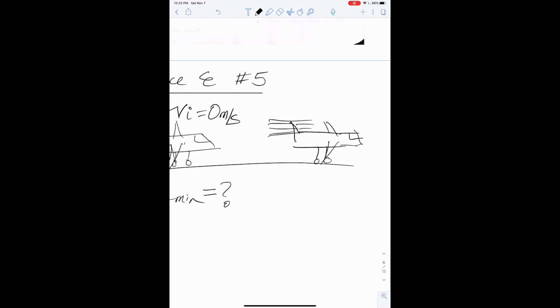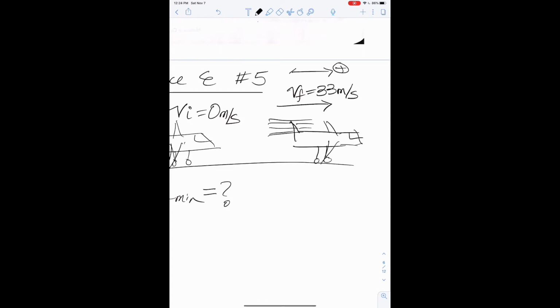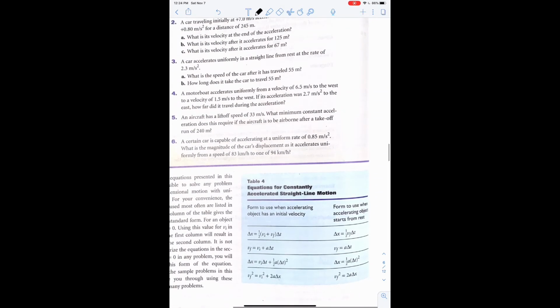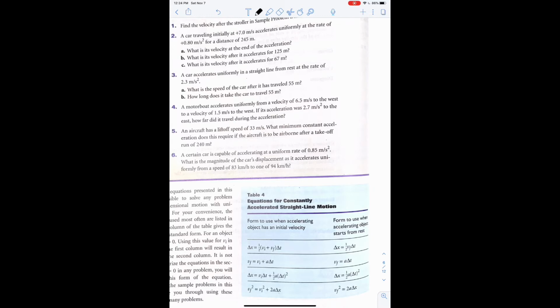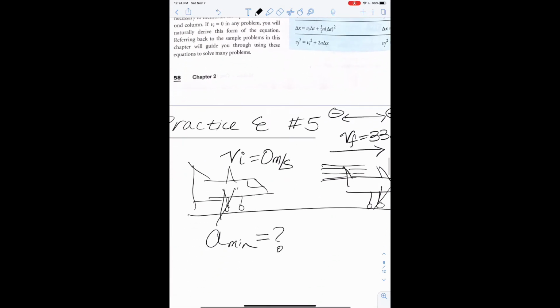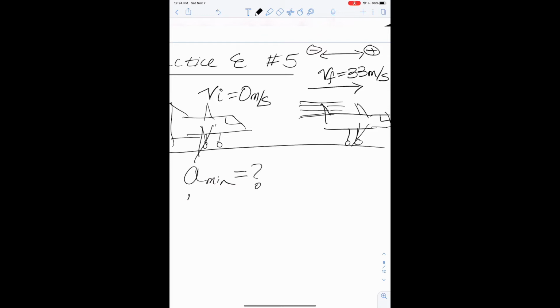So right here, that's the VF that's going to be required. We're going to, of course, call positive to the right, negative to the left. And I think that's all we know. Oh no, we know the runway is 240 meters. Okay, we don't know time, so I'll just write that down. T equals question mark, and this distance right here, this delta x, is equal to 240 meters. Okay, I think we're good.